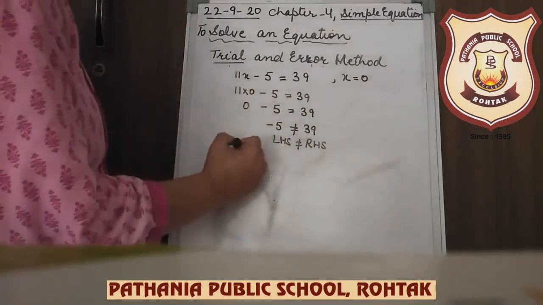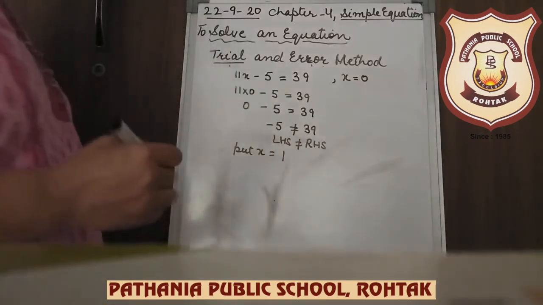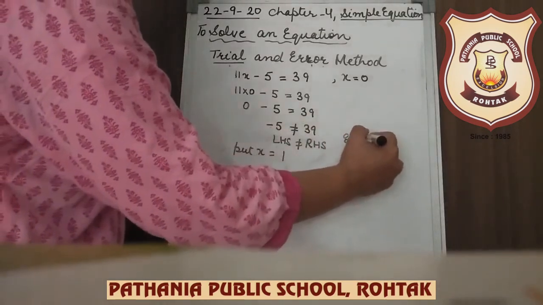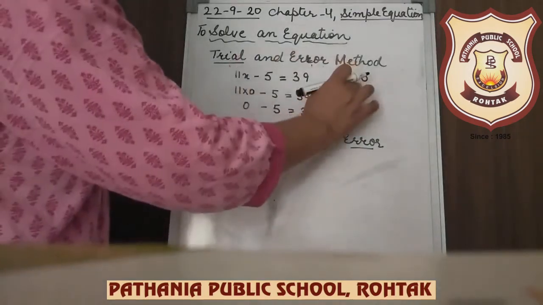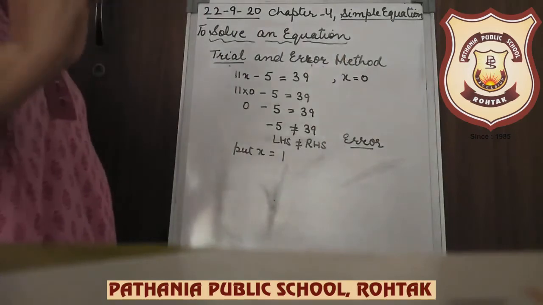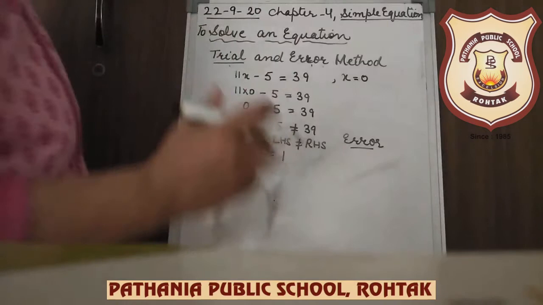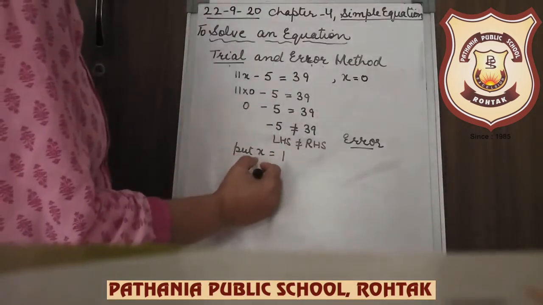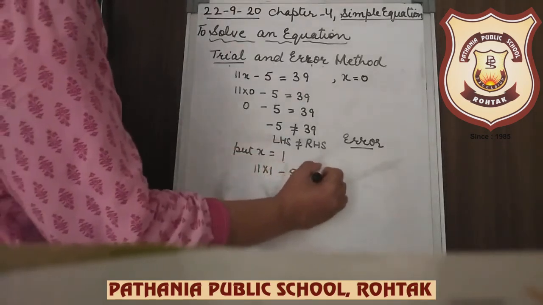So this is an error I have done. You don't have to write it, but I am making it clear that this is the error. This value x is equal to 0 is not suitable, for it does not satisfy the equation. Now put x is equal to 1. 11 multiplied by 1 minus 5 is equal to 39.